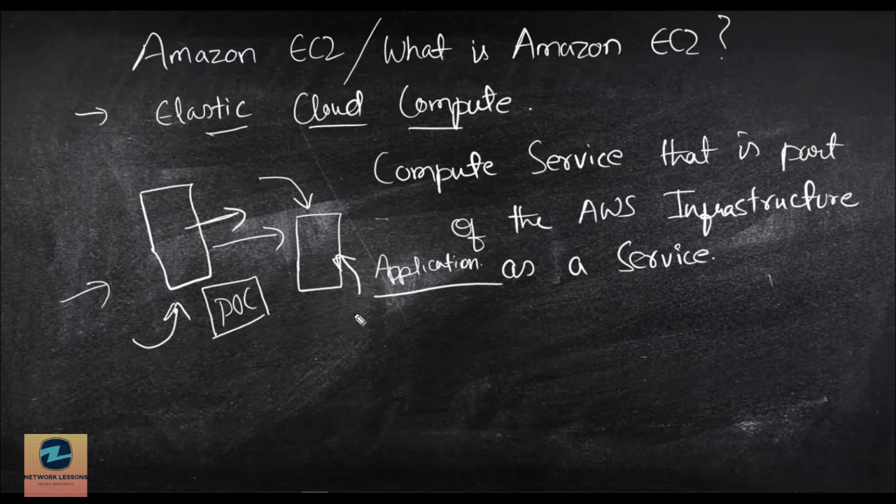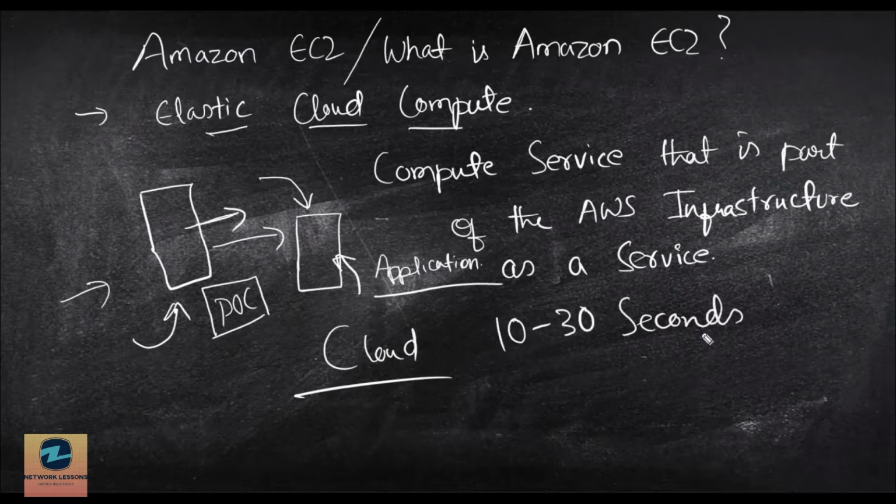Now, in these ages of the cloud, this can be done in, I would say, 10 to 30 seconds. So easy. And you can deploy hundreds of EC2 instances in one shot. Just imagine the capex and the opex that you are saving.